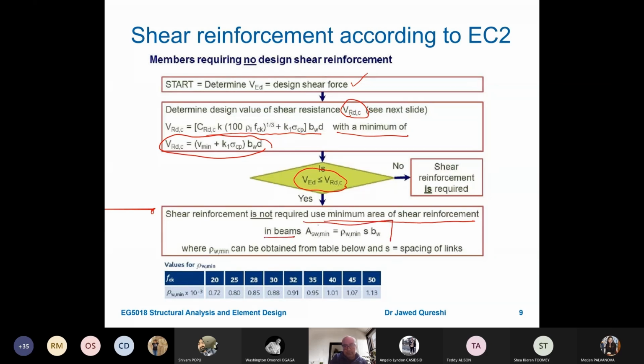The formula for minimum area is ASW min equals rho S into BW, where rho is the steel reinforcement ratio, S is the spacing between stirrups, and BW is the width of the beam. I will define these terms in a minute. For different FCK, you have different rho min. If this condition is not satisfied, then shear reinforcement is required.